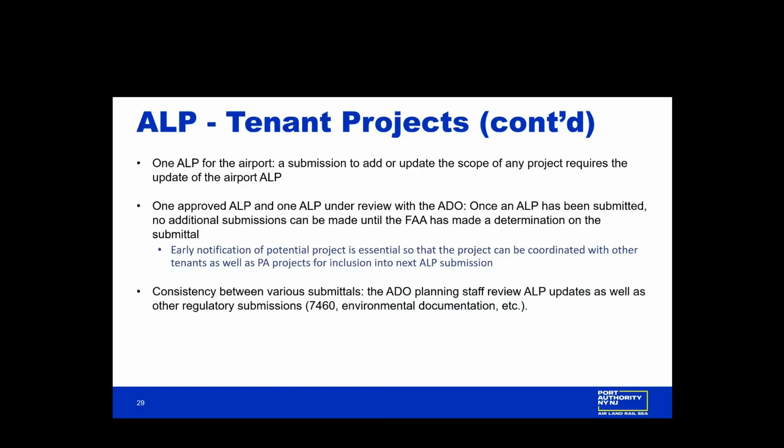And again, the current ALP is a public document, and you can request a copy at any time, which we will provide through our TCAP office. We are here to help make the process as smooth as possible. You can always ask for information and ask for help through our TCAP office.